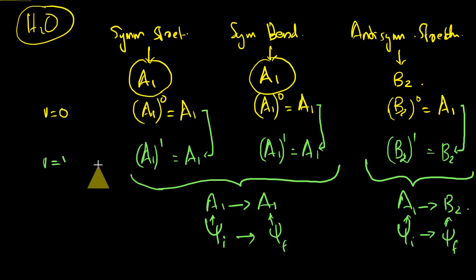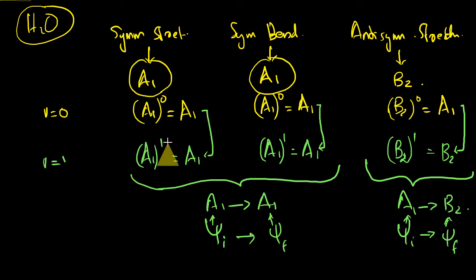So the v equal to 1 state is the normal mode to the power 1, so it will be this one itself. So psi f will have the same symmetry as we calculated for the normal modes of vibration.